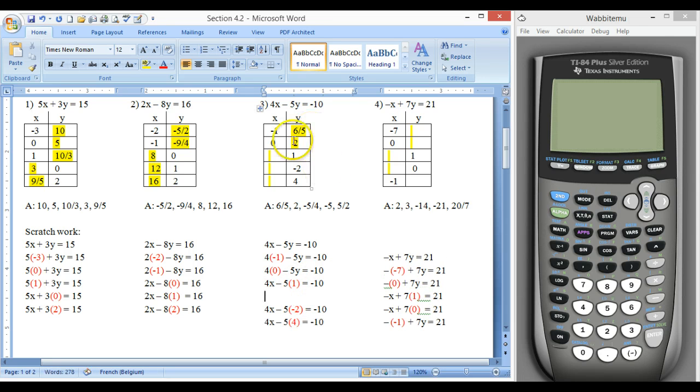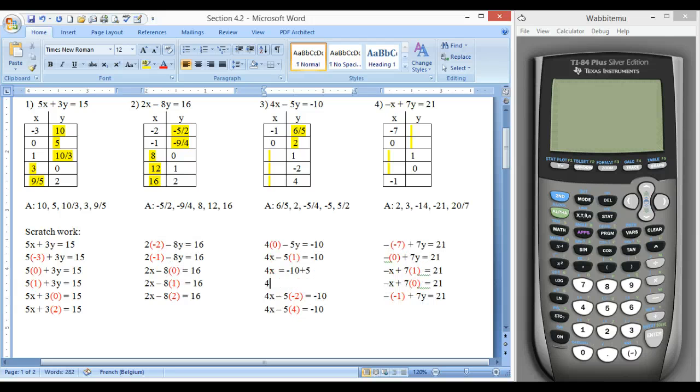Okay, now the next one, I need to substitute a 1 in for y. So 5 times 1 is still 5, so I have 4x minus 5 equals negative 10. I need to isolate the x, so I need to get rid of the minus 5. To get rid of that, the opposite is add 5. So I'll add 5 to both sides. This gives me 4x equals negative 5.